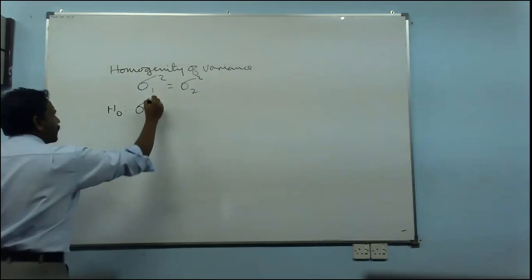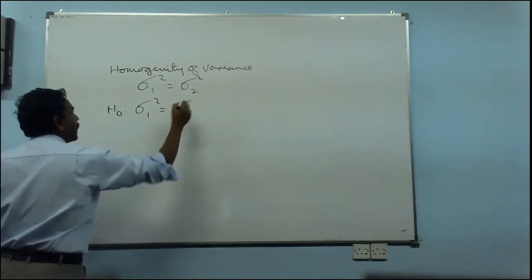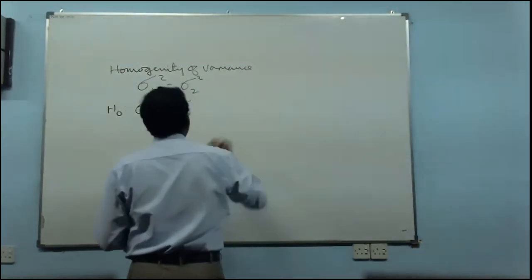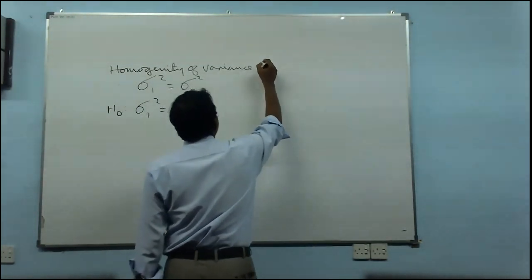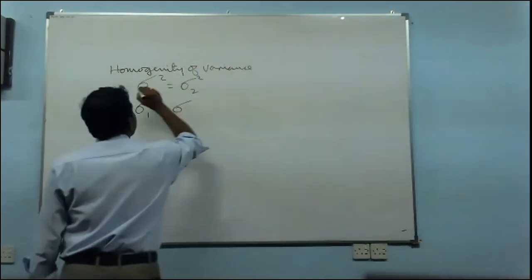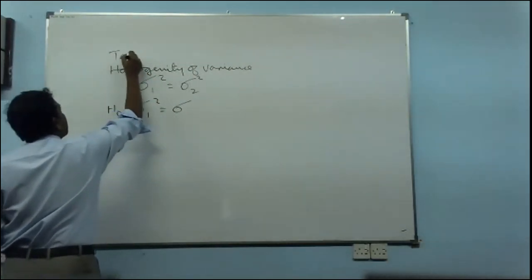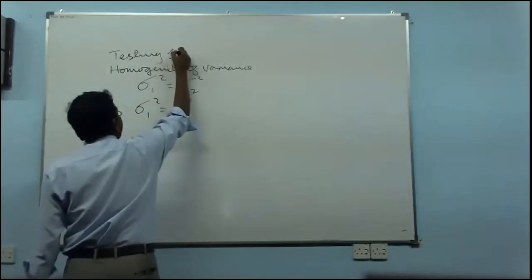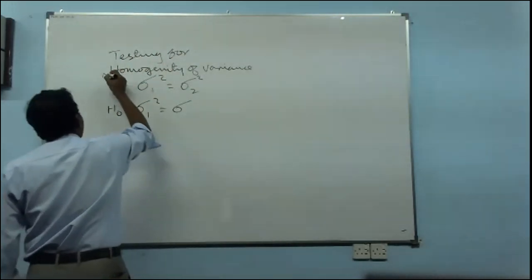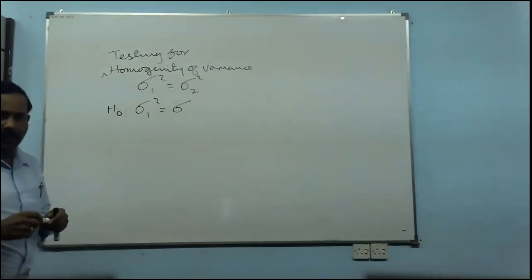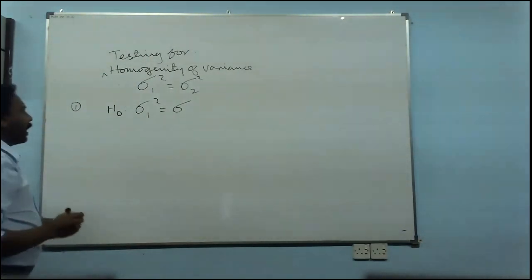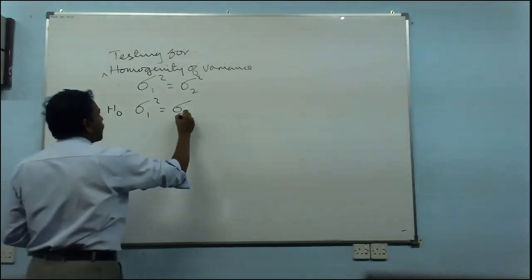My null hypothesis is what I am going to test. So I'll put the title, testing for homogeneity of variance. My first step is formulation of the null and the alternative hypothesis.